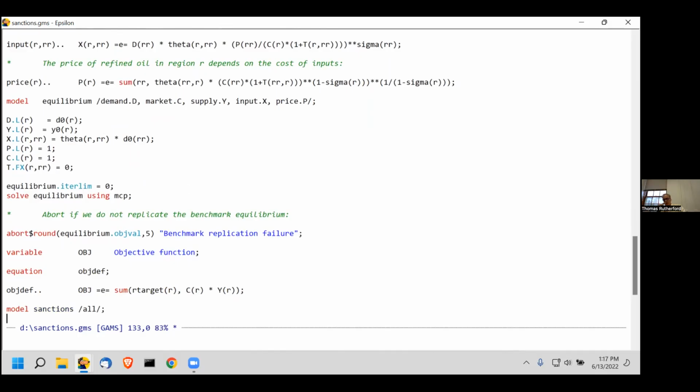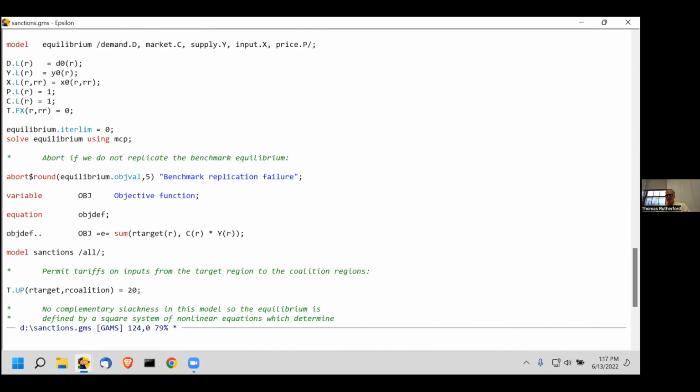So I assign what I think to be the variable solution values, D and Y and X, and here I have X, so I've defined it X0, so this could be X0 of R. So I assign my benchmark values, I assign the prices all equal to 1, and then I say solve. And then I say abort, that means stop the whole process if I don't have a precise solution. So that says if the deviation is greater than 10 to the minus fifth, then stop it.